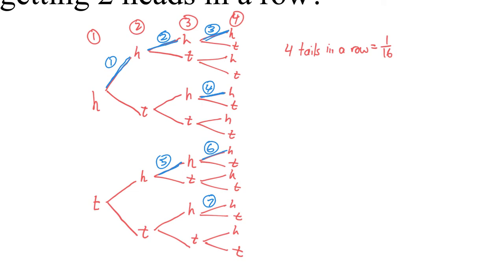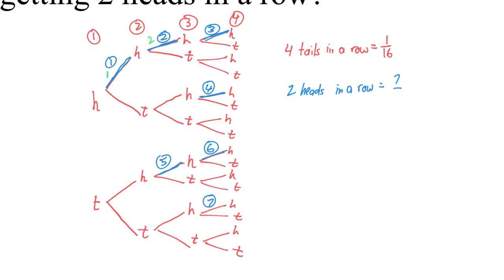So 2 heads in a row would be 7 times out of how many total opportunities are there? Well, how many times was it flipped? Every time we see a bar, right?